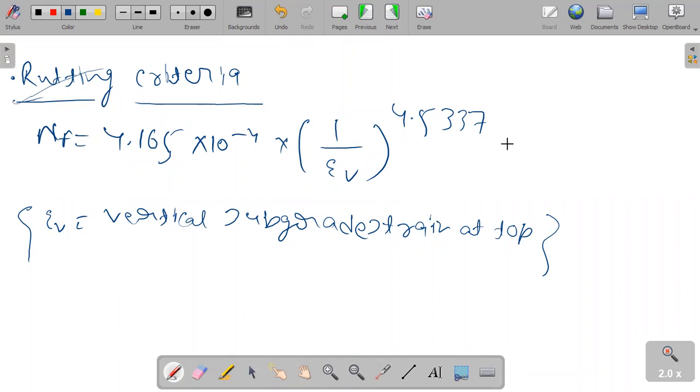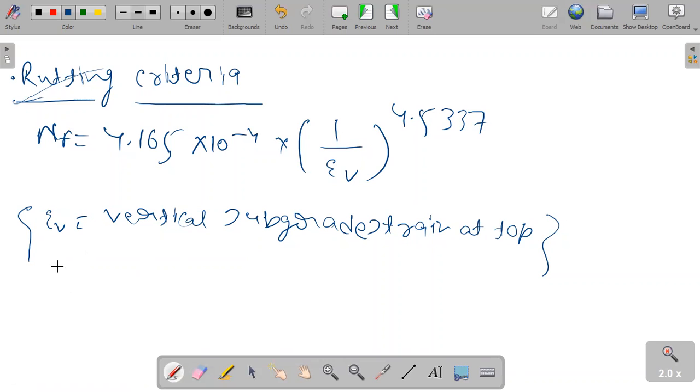So let's move forward to our next topic, which is the group index method. This is one of the good concepts in pavement design. There is a chance of a question from the group index method in the GATE examination.